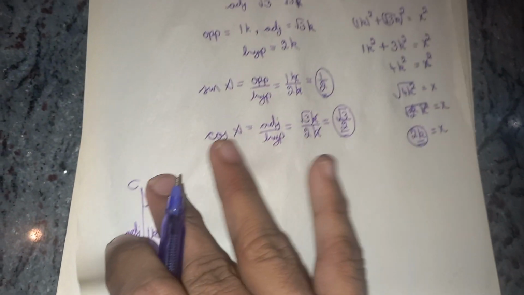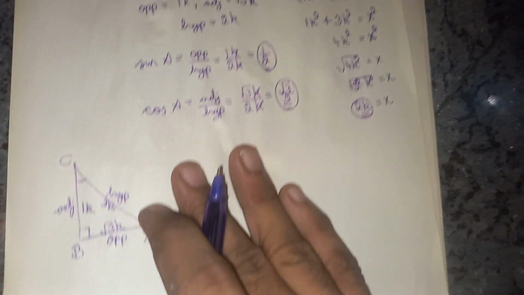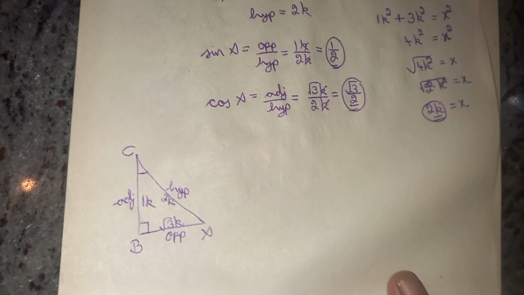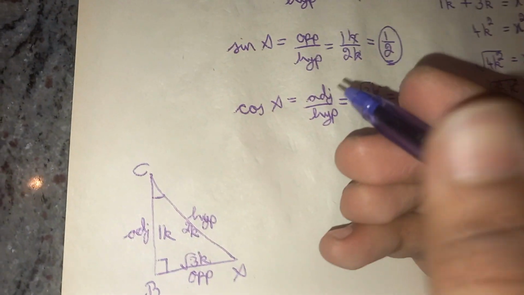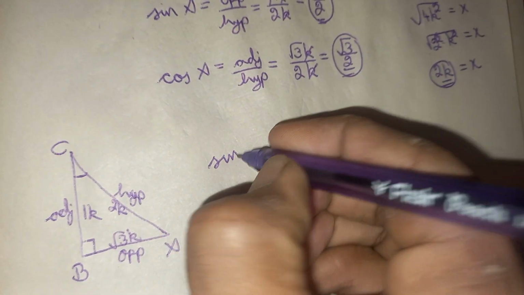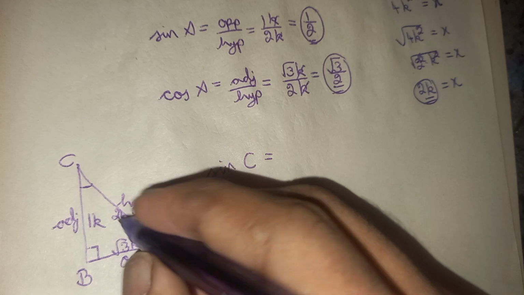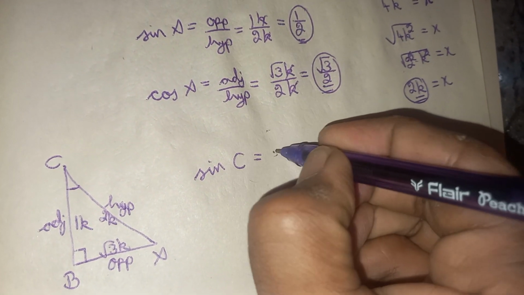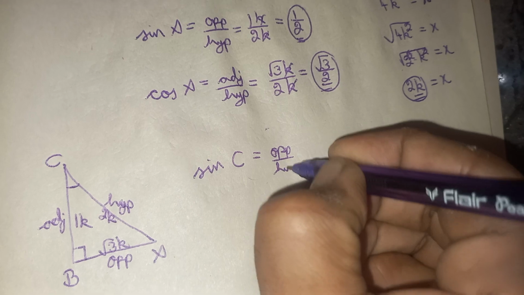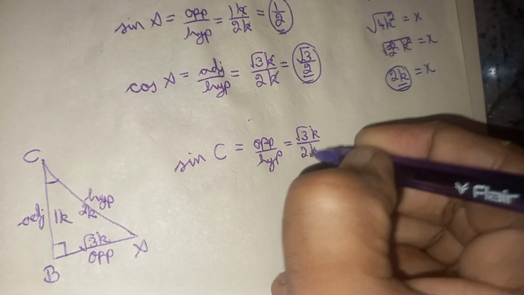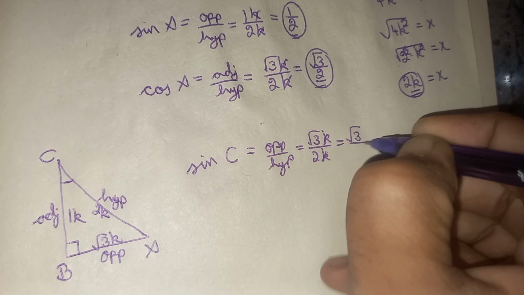Now let's find the different ratios, sin C and cos C. Sin C is opposite by hypotenuse, root 3k by 2k, and k cancels out, so it becomes root 3 by 2.